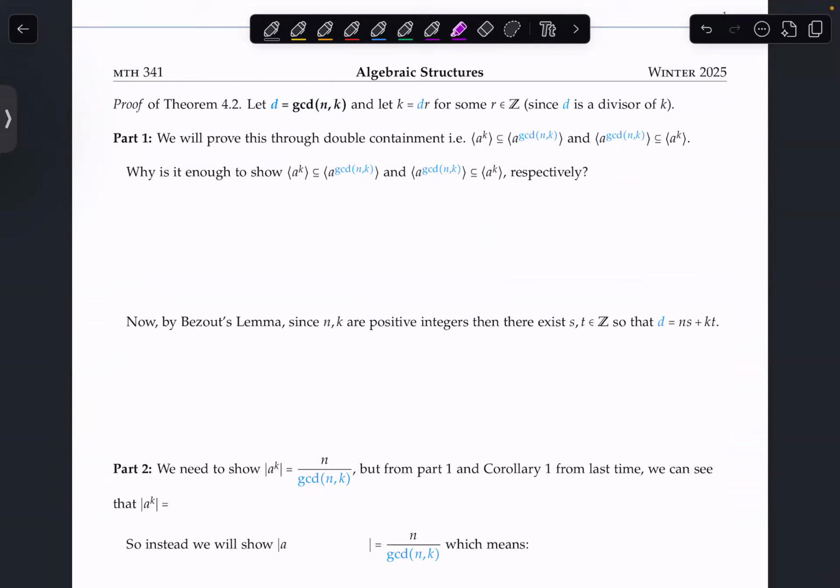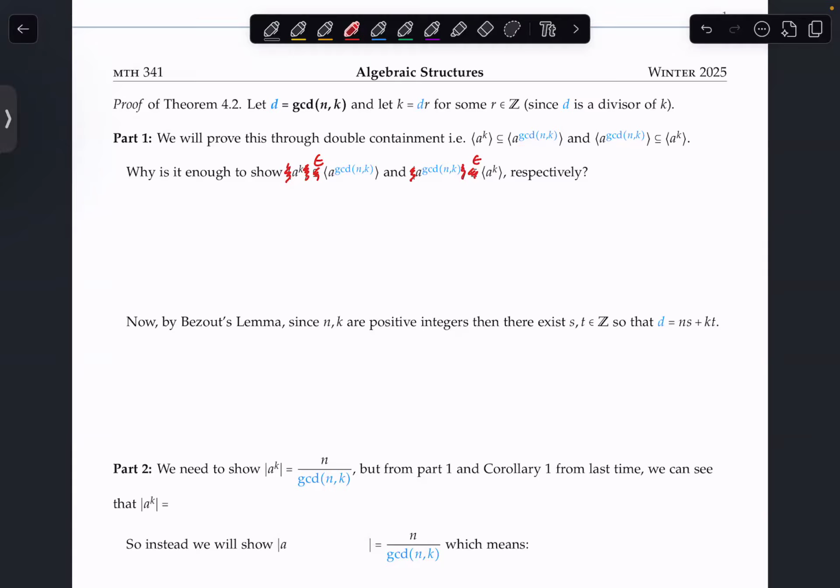And it turns out, I want to delete one piece of this. It turns out if I just look at my A to the K, so not my group here, I have some typos. This should just be the element.